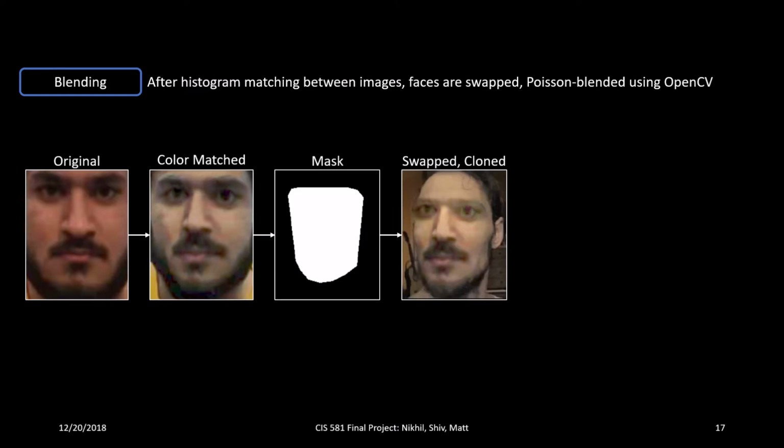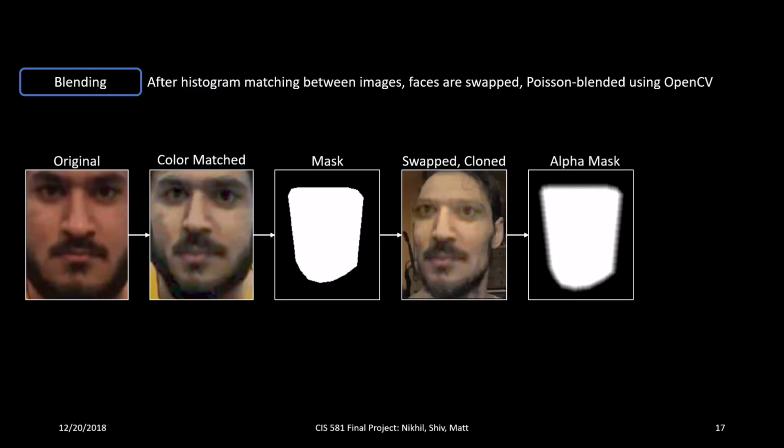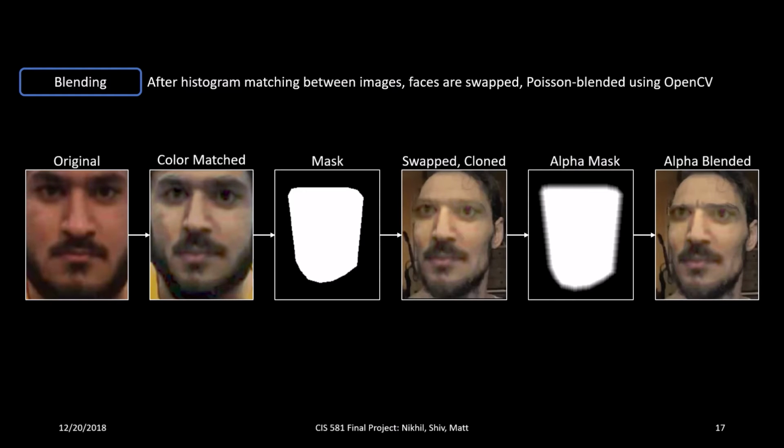The two faces are swapped and cloned using OpenCV's seamless cloning function that uses Poisson blending. And because we wanted to make that transition a little more seamless, we did a little bit of alpha blending. So we created a mask with a smooth lead-in that, once applied, smooths those edges out a bit along the face, especially when the faces don't quite line up. This really helps with the final appearance.